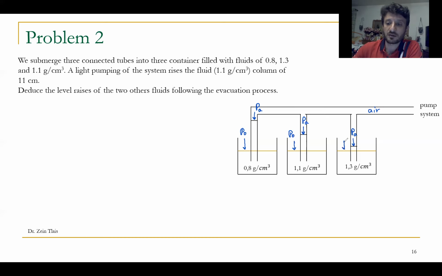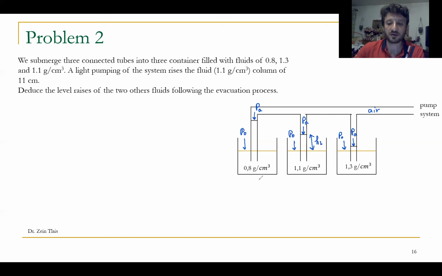As we have different densities of fluids, we get different heights. As you see here, we have different heights of fluid 1, 2, and 3. I give you this height, which is equal to H2.